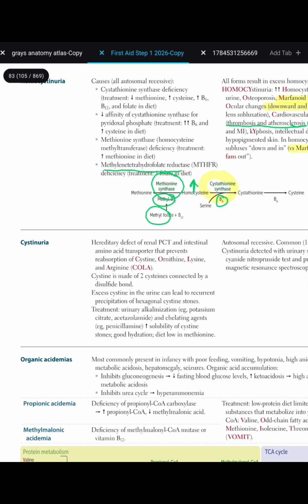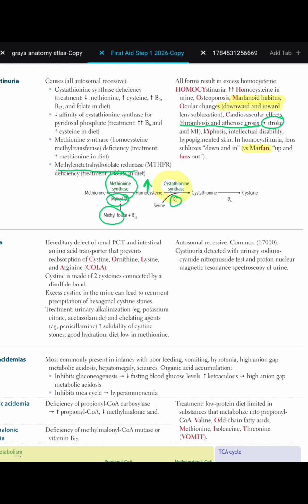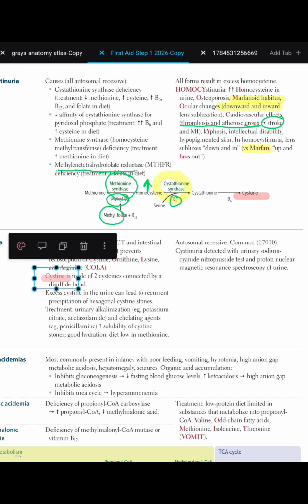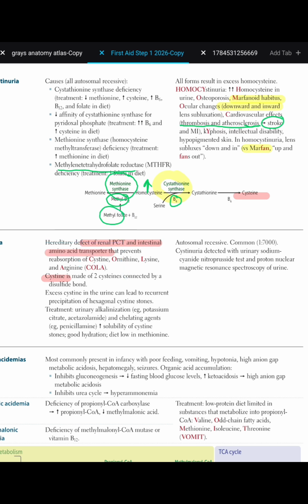How does cystinuria occur? You first have to understand that methionine further converts into cysteine, and two molecules of cysteine form cystine. These amino acids are absorbed in the proximal convoluted tubule and intestine, and there is a deficiency or defect in the transporters, which leads to excretion, meaning they don't get absorbed. So cystine, ornithine, lysine, and arginine, which you can remember by the word COLA, are excreted in the body, and these amino acids have a tendency to form kidney stones.